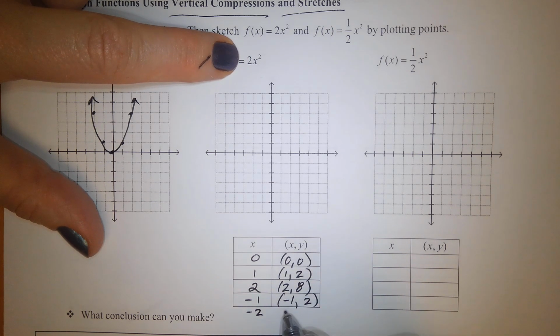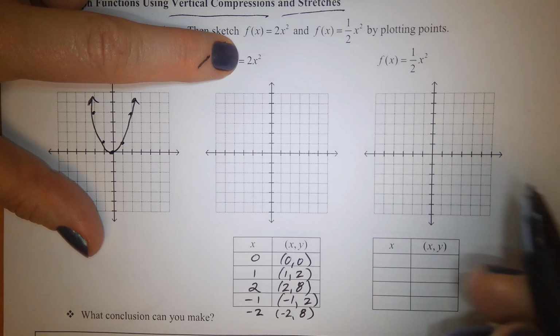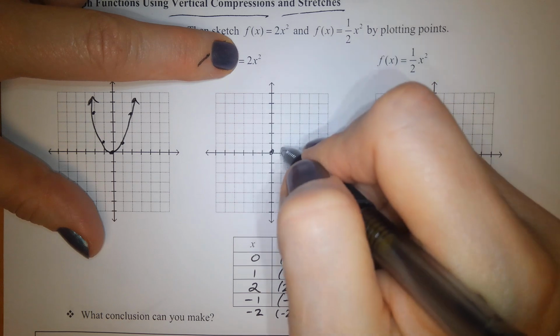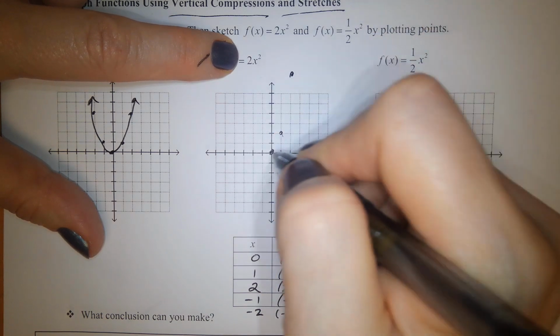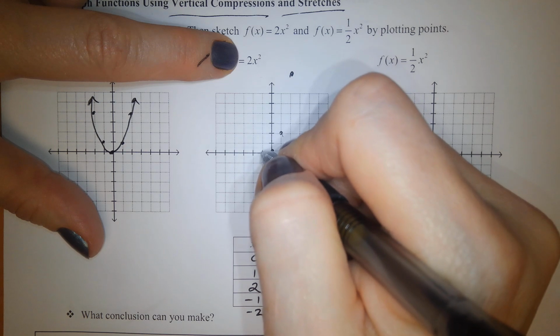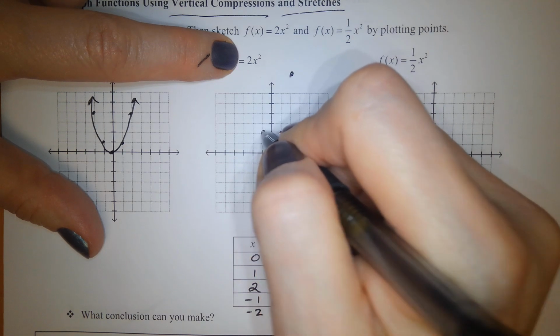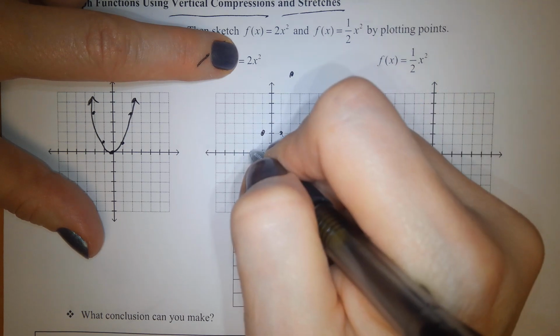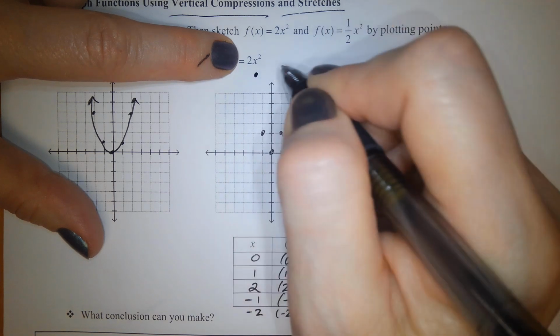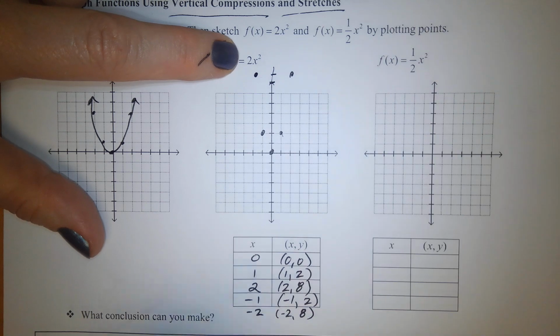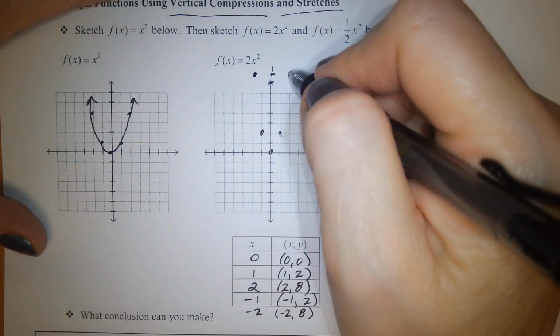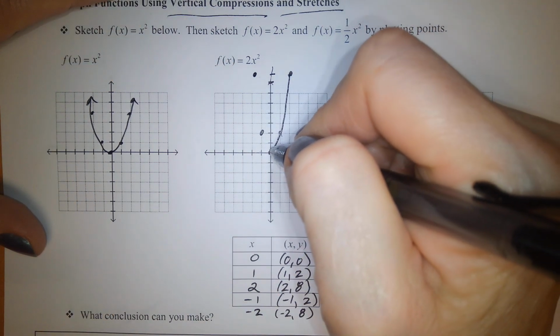And a -2 becomes 4 times 2 is 8. So when I plot these points, here's the new graph of my parabola.